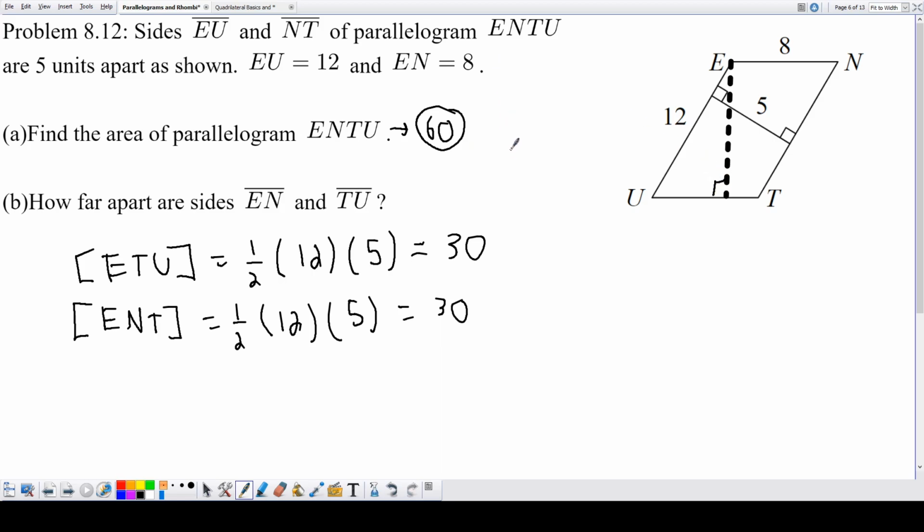Well, when we have the height like that, we should probably think of area again. And we know the area is 60. And we know this segment UT is 8.